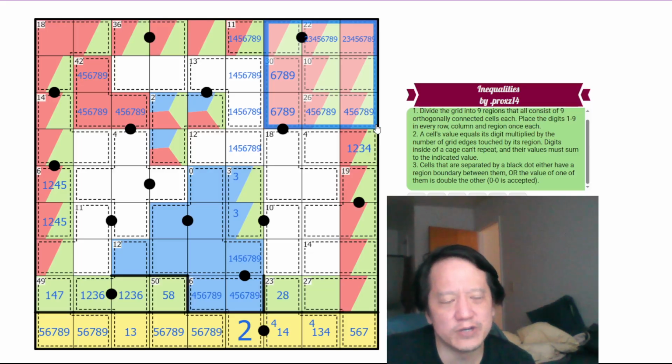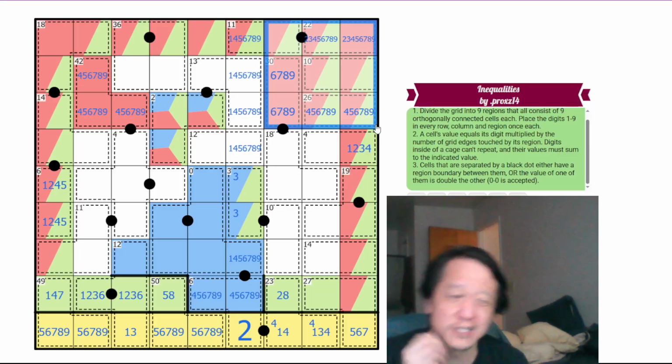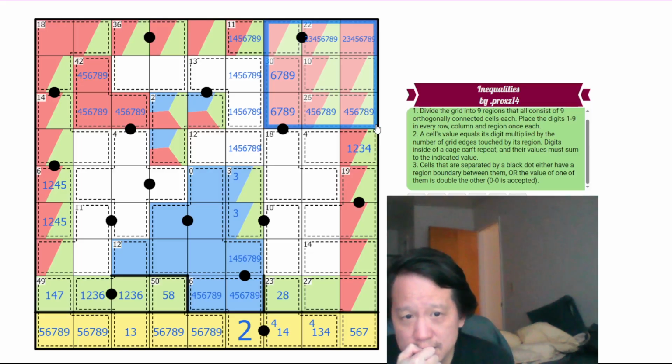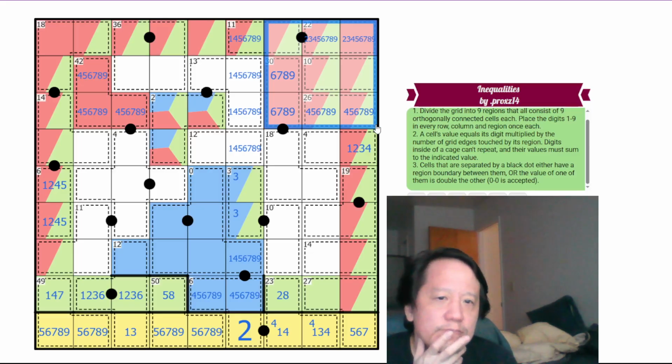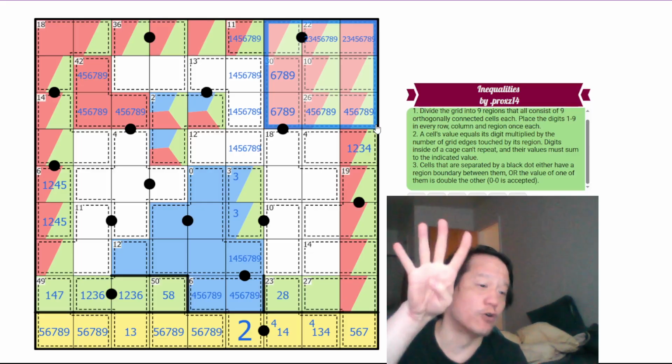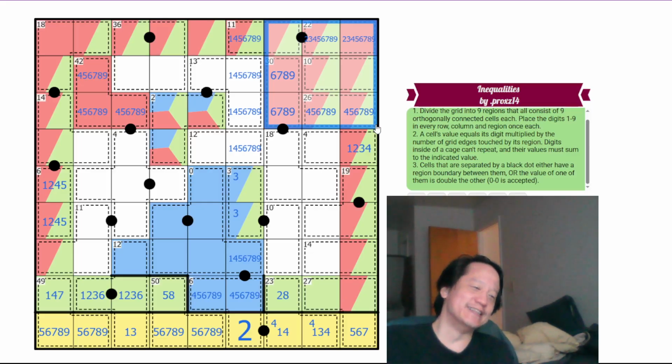I was thinking that they were limited to 2, but we could actually have 3 or 4. Interesting. Okay, we can have 4 regions that touch 2 edges, then at most.